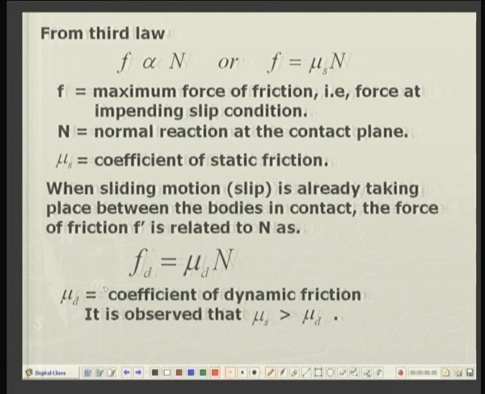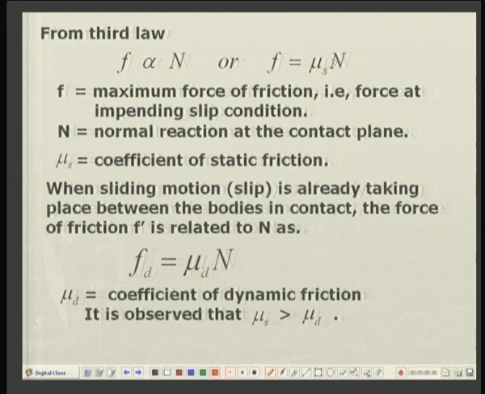Well, the third law is put in a mathematical form. F is proportional to N, where N is the normal reaction. So, we can write F is equal to mu s times N, where mu s is the constant of proportionality, called the coefficient of static friction. F is the maximum force of friction, as we have seen, that is the force at the impending slip condition, and N is the normal reaction across the contact plane.